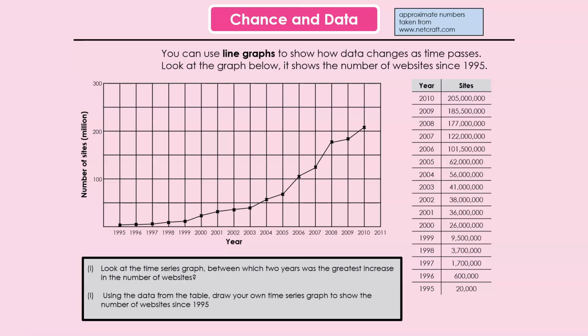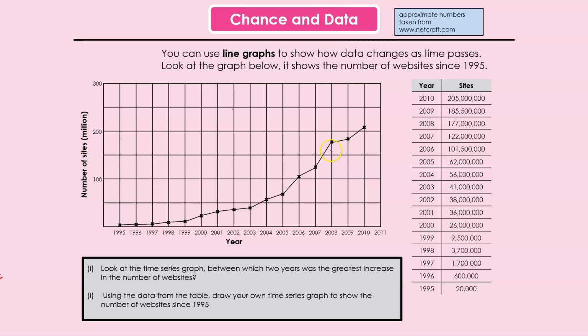So the key thing that we need to look at is the first question here, which asks, looking at the time series graph, between which 2 years was the greatest increase. So I think the easiest thing to do is looking for increases. Increases on time series graphs are shown by how steep the line is.